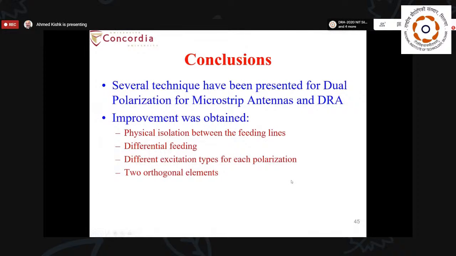So we can conclude that we have several techniques that can excite dual polarization for wideband with good isolation.